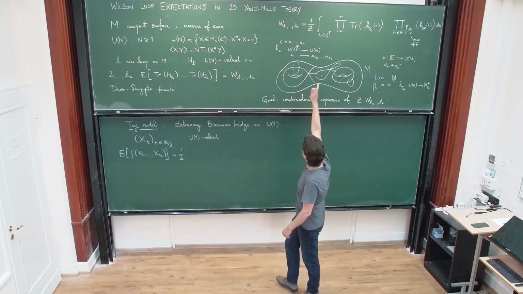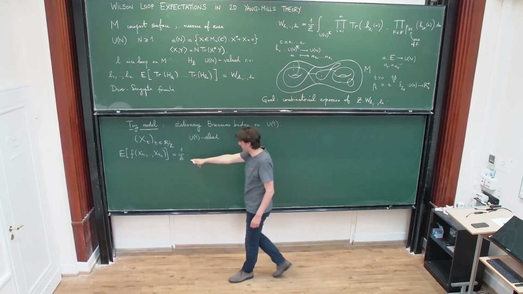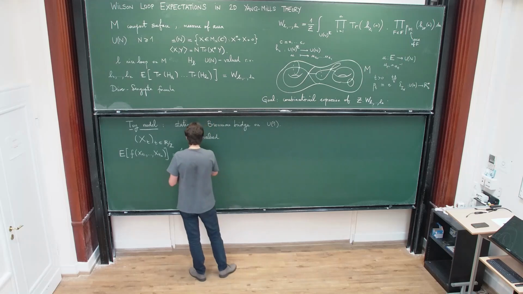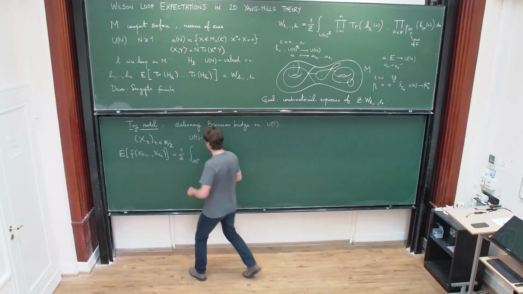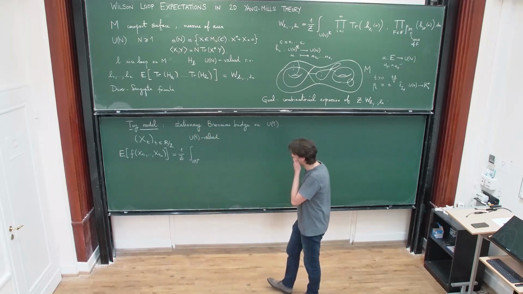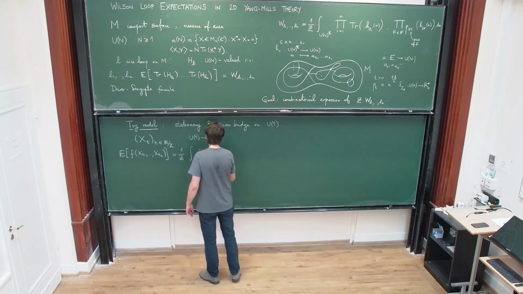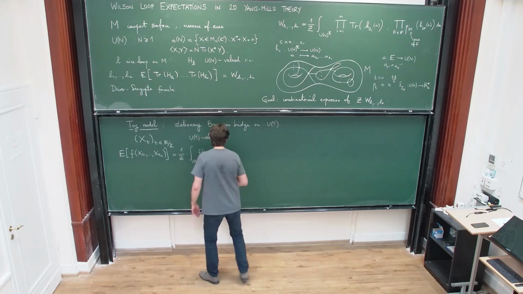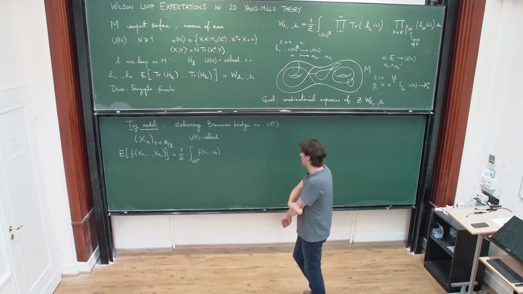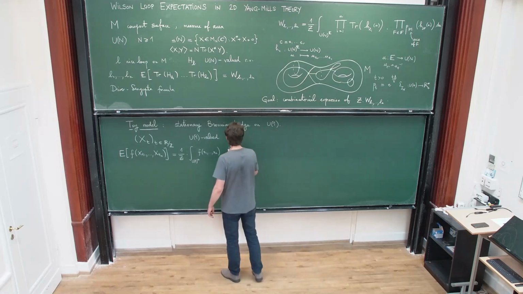I didn't say it in the Yang-Mills case, but it can be computed explicitly; here it's even simpler. And we have an integral over U(1) to the power n of f of x_1, ..., x_n. This is the function that we are integrating, and now we have a product.